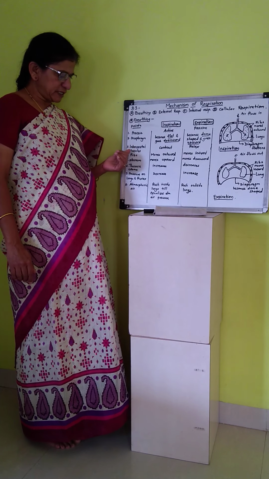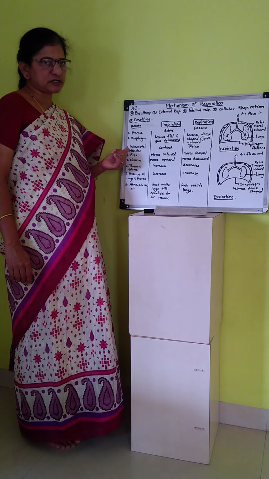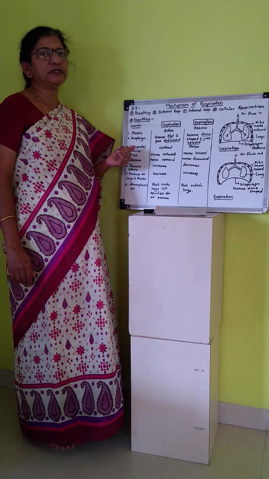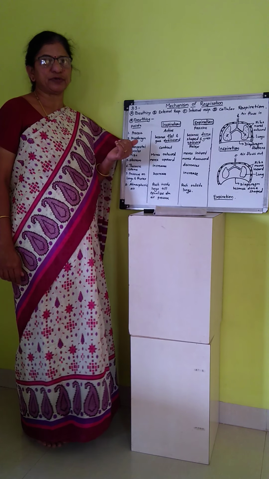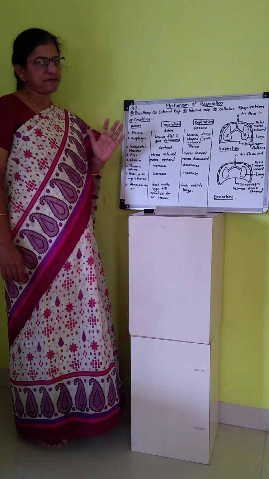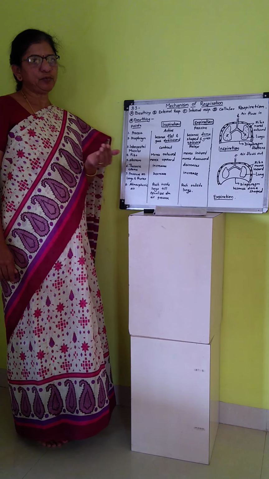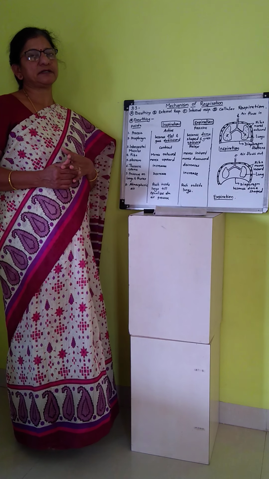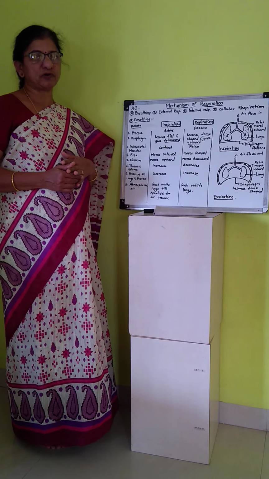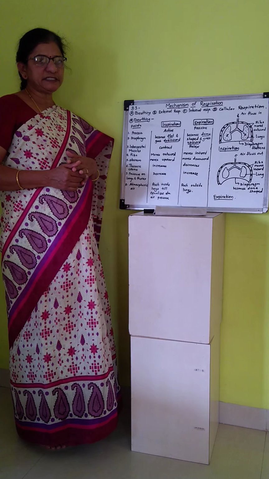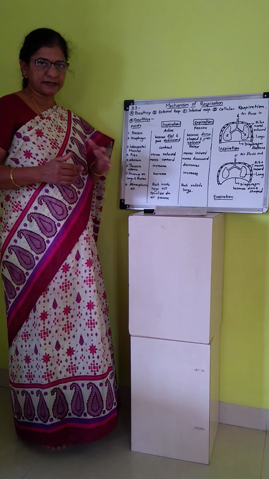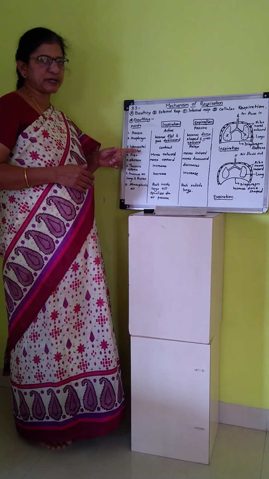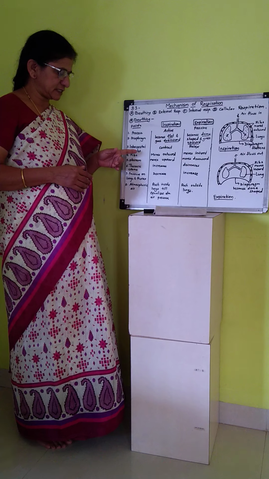What happens to the intercostal muscles? Intercostal muscles means the muscles which are present in between two successive ribs. Now you are familiar, the human body possesses a thoracic cage having 12 pairs of ribs, total 24. The ribs are present laterally, and in between these ribs, these muscles are present, known as intercostal muscles.